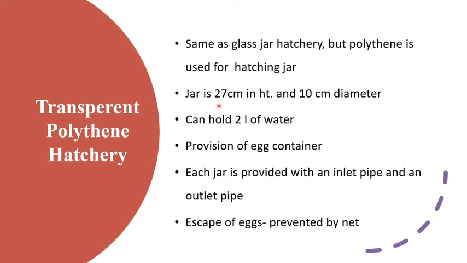Each jar is 27 centimeters in height and 10 centimeters in diameter, which can hold around 2 liters of water. The water on reaching the jar bottom is reflected upwards till it finds its exit located at the top of the jar. The water in a jar of this type develops greater churning, and suspended eggs therein get better oxygen.